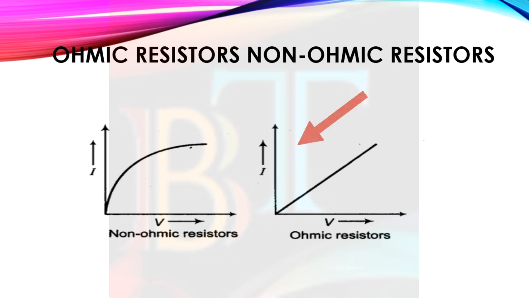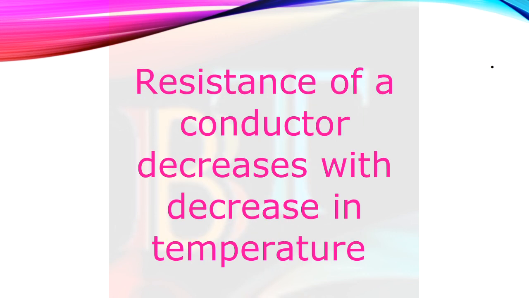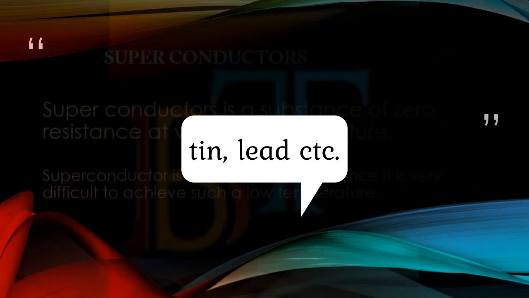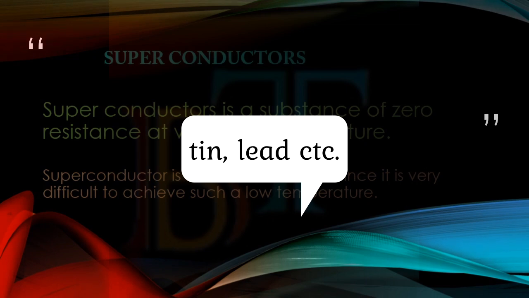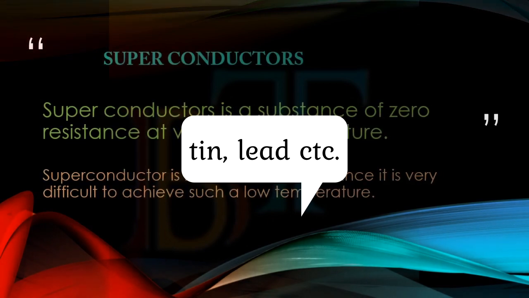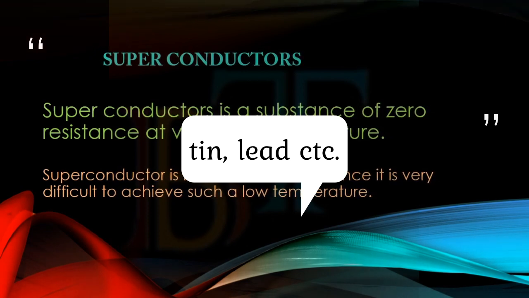Now we know that the resistance of a conductor increases with increase in temperature. So the resistance of the conductor decreases with decrease in temperature. It is observed that the resistance of some substances like tin, lead, etc. decreases tremendously with the decrease in temperature and becomes almost zero in a very low temperature range.